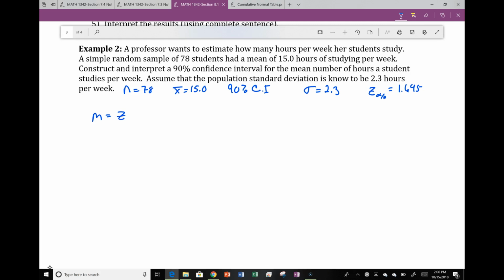That's going to be our z alpha divided by 2, our critical value, times our standard deviation divided by the square root of our sample size. So our margin of error is going to be 1.645 times 2.3 divided by the square root of 78.